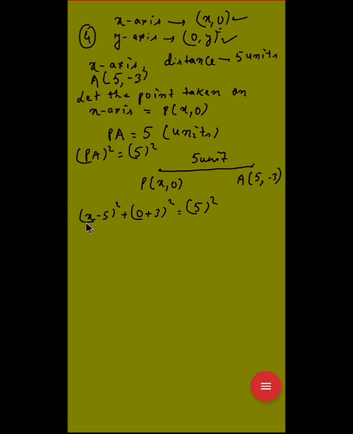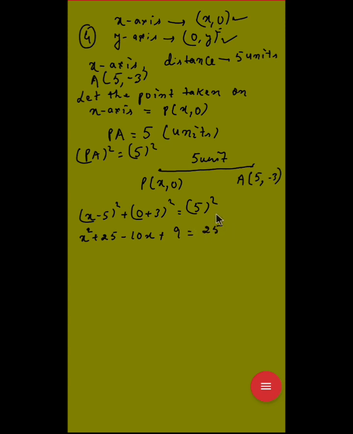Again we use the (a minus b) identity. So it gives x square plus 25 minus 2 multiply x multiply 5, which gives 10x, plus 9 is equal to 25.